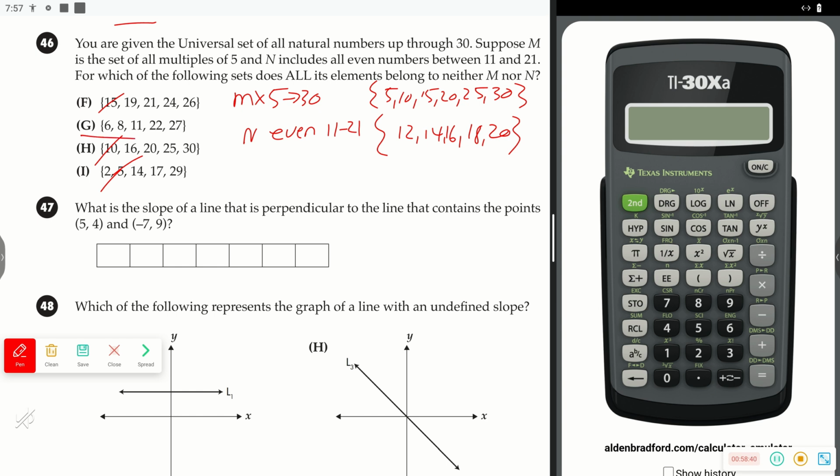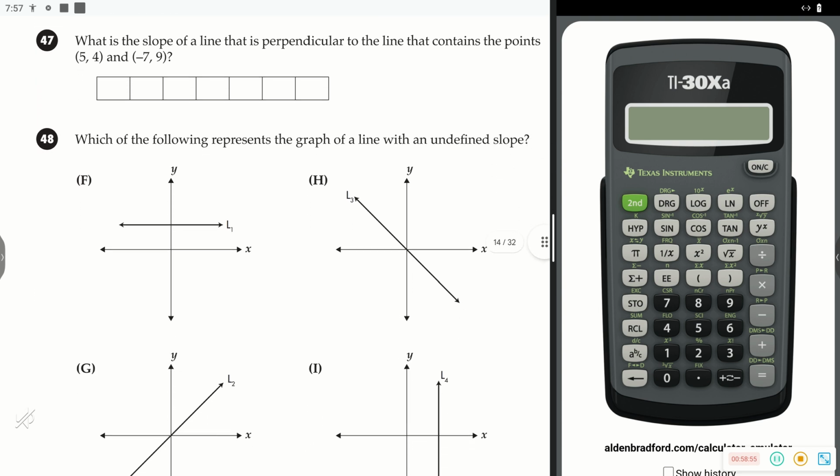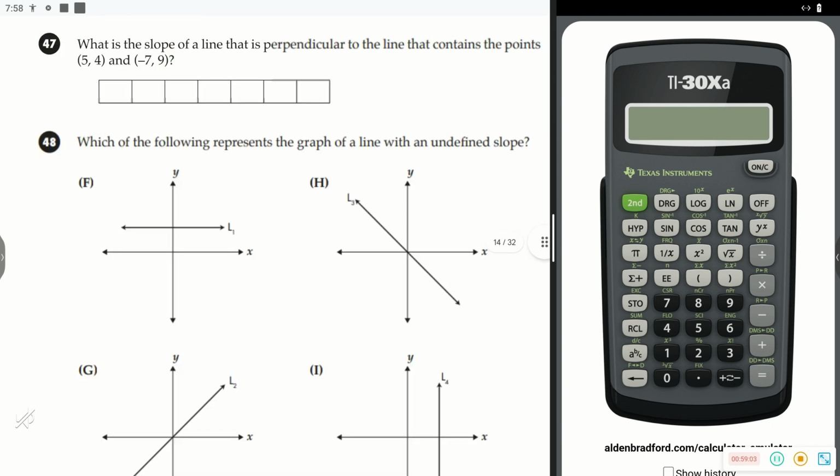Let's look at this one. 6, 8, 11, 22, and 27. None of those are in either of these two sets, so the answer was G. Again, I think it's a little bit of a strange question, but that's what you were supposed to do. Number 47. It says, what is the slope of a line that's perpendicular to this line and contains these points?